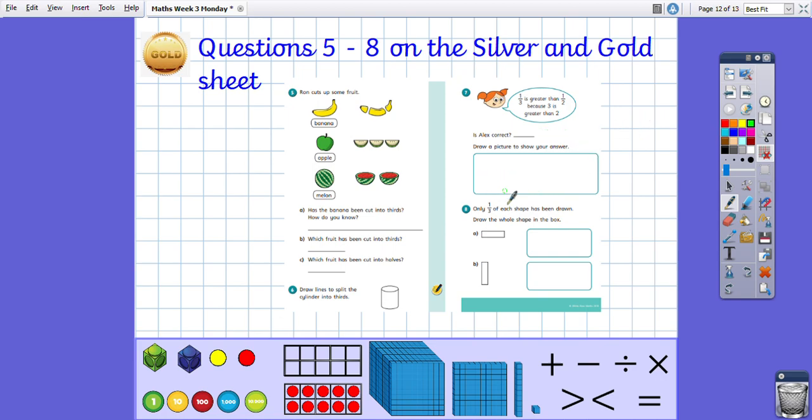I need you to draw me a picture, maybe use a square or a circle to show me your working out as to whether you think Alex is correct or not. And then only 1/3 of these shapes has been drawn. In the box, I want you to draw the whole shape. So this is just 1/3. You need to complete the shape.